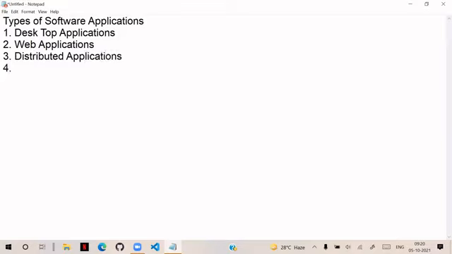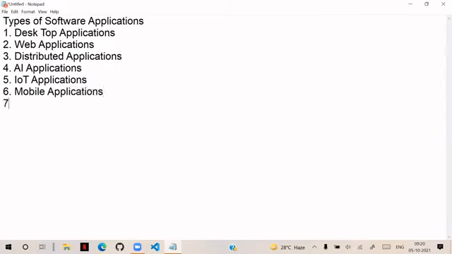We have artificial intelligence applications, AI. And we have IoT applications. We have mobile applications, and we have 2D and 3D gaming applications.